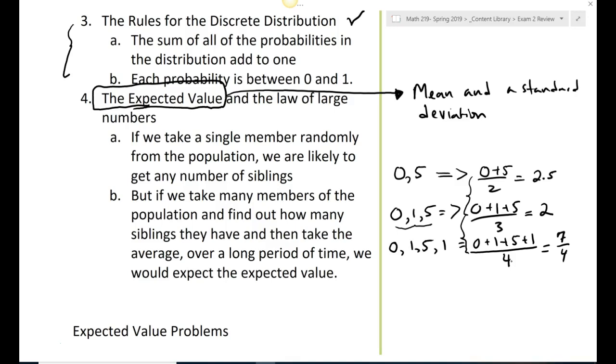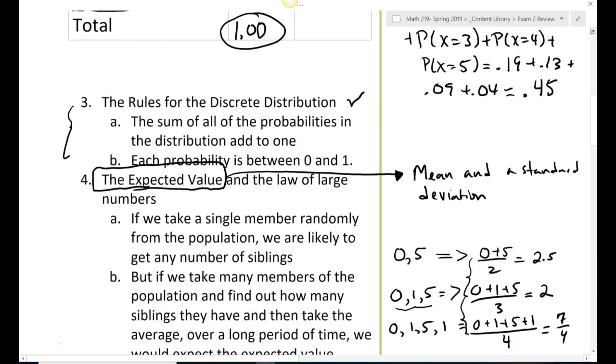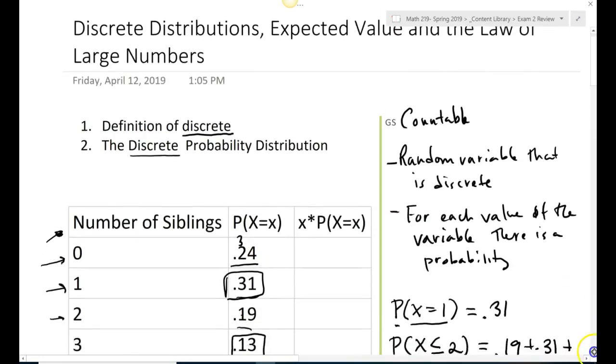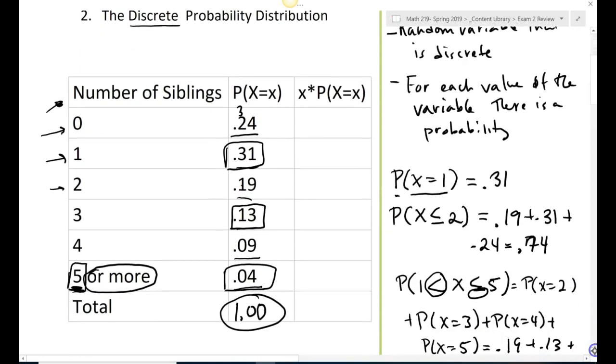So let's ask ourselves the question about the expected value for this particular distribution. When I ask the expected value here, what it means is, if a person is picked at random, how many siblings would they have?